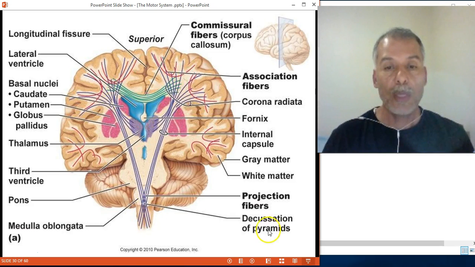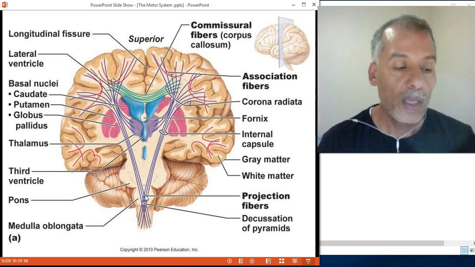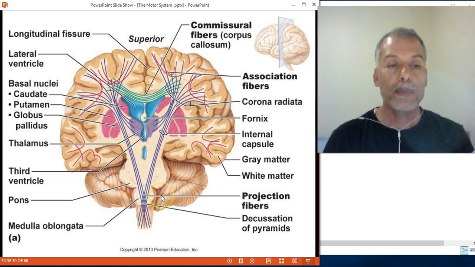So that area is called the pyramidal decussation, or decussation of the pyramids. These pyramids are, when you look at the medulla, like two inverse pyramids that are formed in part by the lower motor neurons.